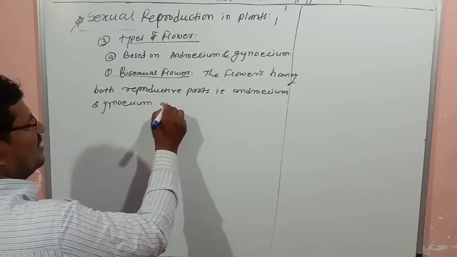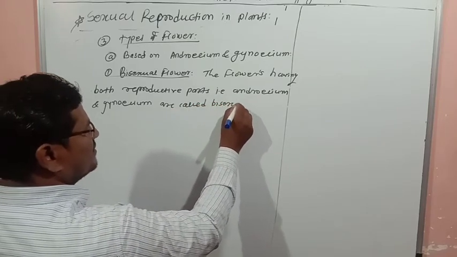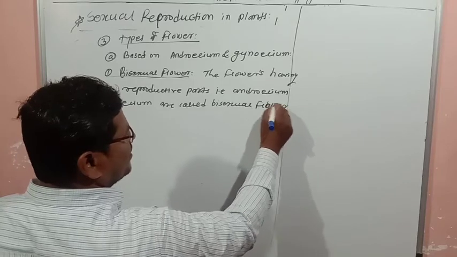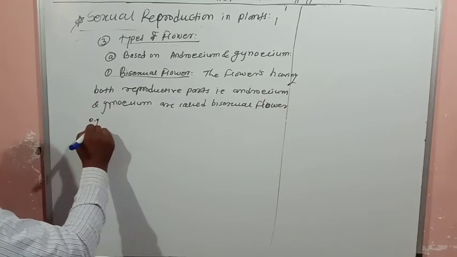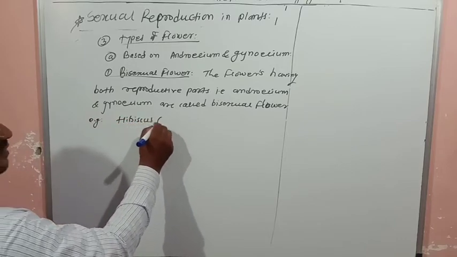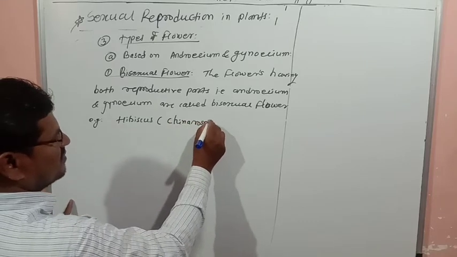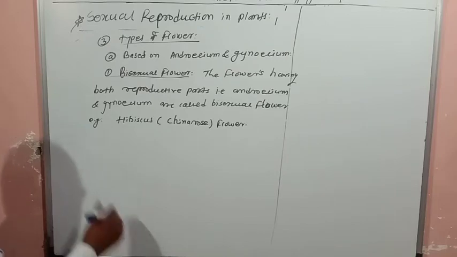Flowers having both androecium and gynoecium are called bisexual flowers. An example is hibiscus or China rose flower.